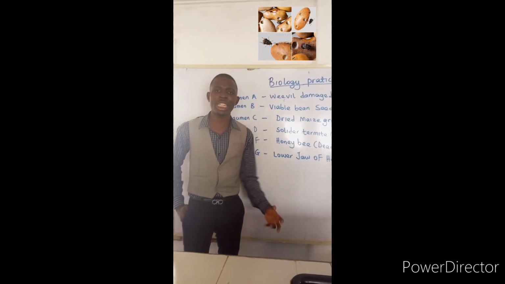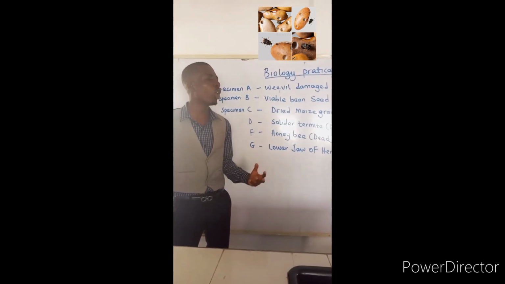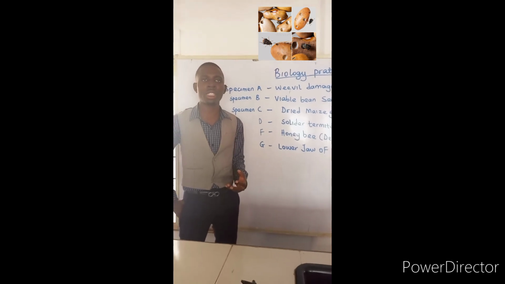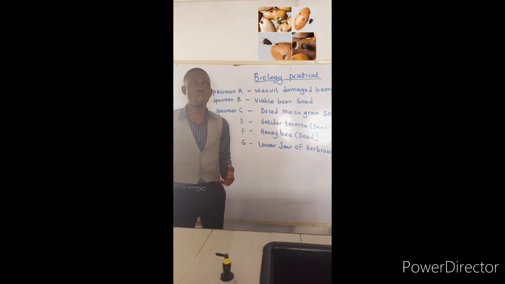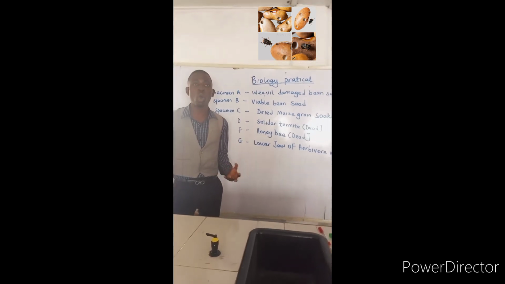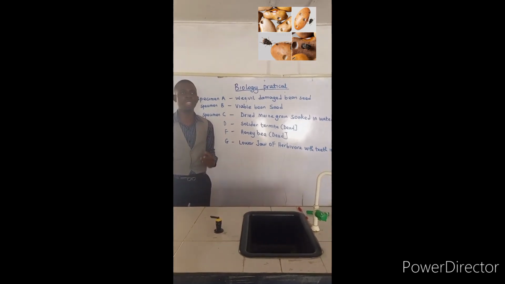Now, they can also ask us, apart from beans, what other crop does weevil affect? Weevil can affect millet, it can affect rice, it can affect corn. Those are the crops which weevil can affect.